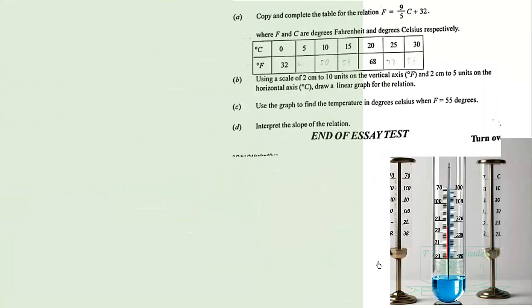I appreciate all your support. So question number 6. Let's go there. Question number 6 is here. Great. You are to copy and complete the table for the relation F equals 9 over 5C plus 32, where F and C are degrees Fahrenheit and degrees Celsius, respectively.